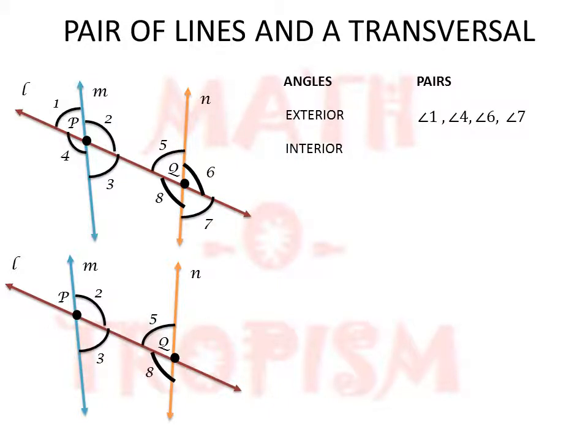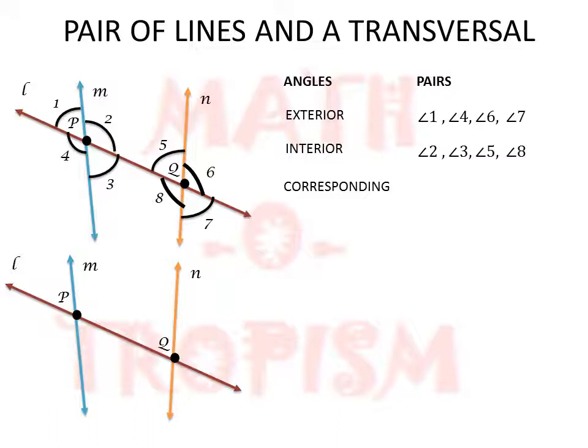Next we will be seeing the corresponding angles. When we see angle 1 and angle 5, both are on the left side of the lines M and N and above the transversal. Here we are not talking about right and left of the transversal but above and below, because the transversal L is in the horizontal position.